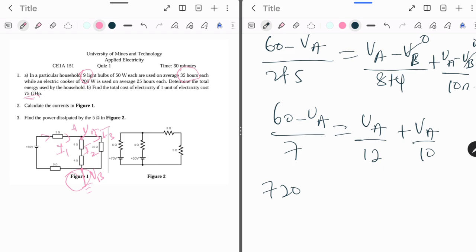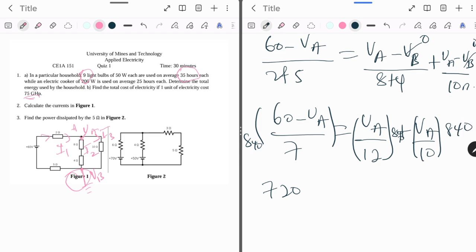What that means is that you can actually multiply both sides by 7 times 12 times 10. That means you can multiply both sides by 840, here by 840, and this one too by 840.